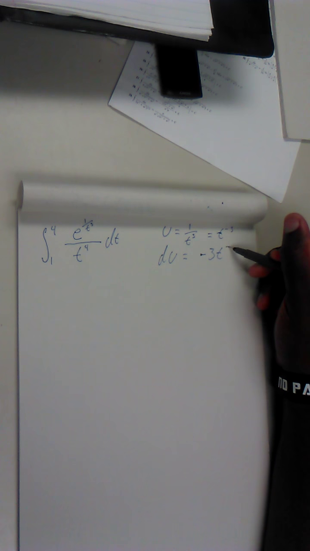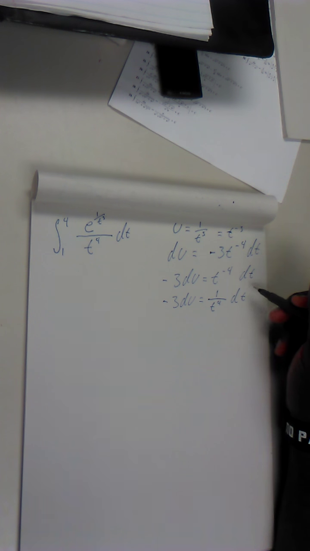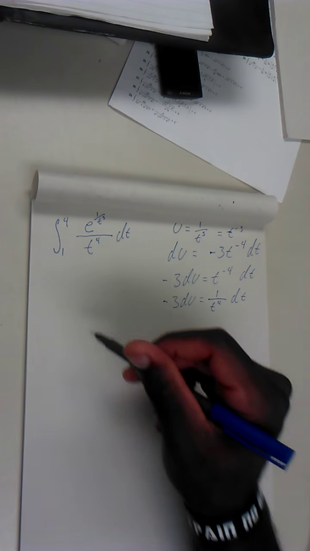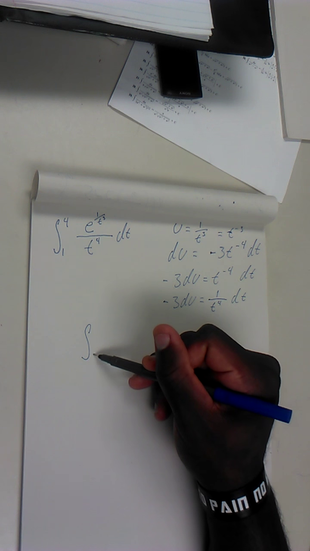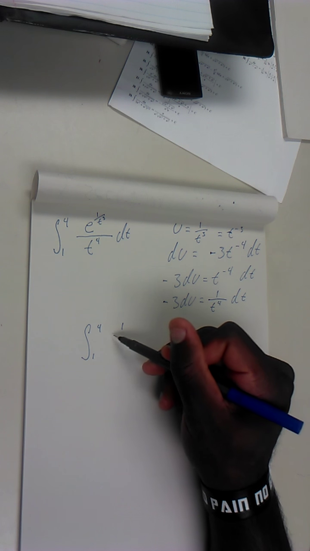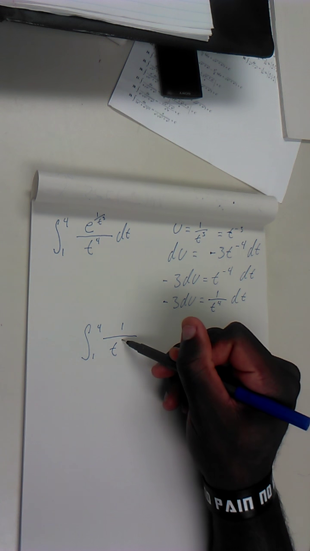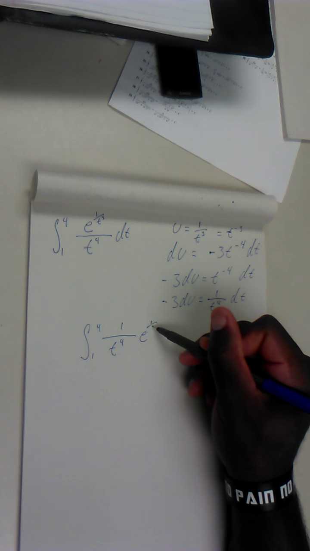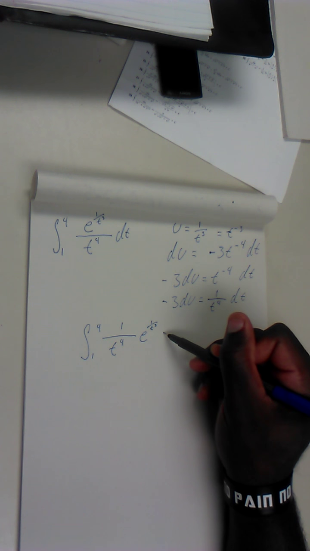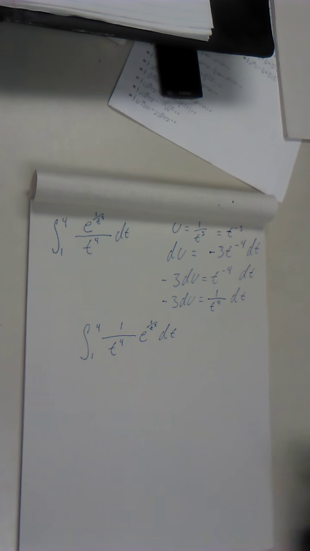and -3 du, and remember t to the -4th dt is the same as 1 over t to the 4th dt. And remember this, to fully break this down, this is the same as saying 1 over t to the 4th e to the 1 over t to the 3rd dt.